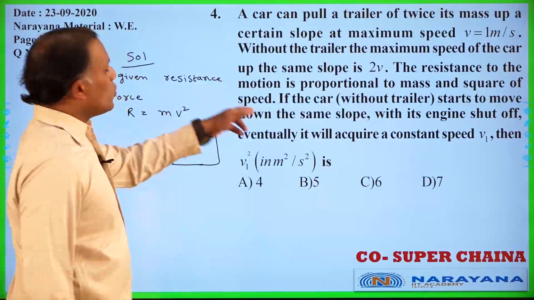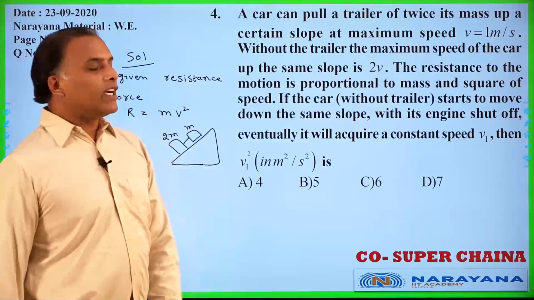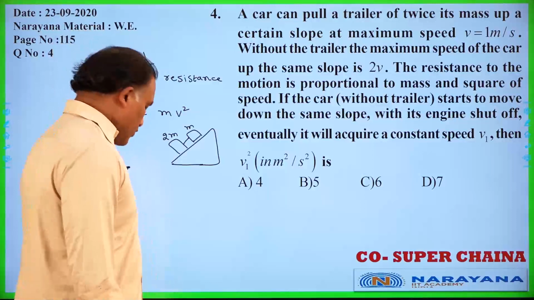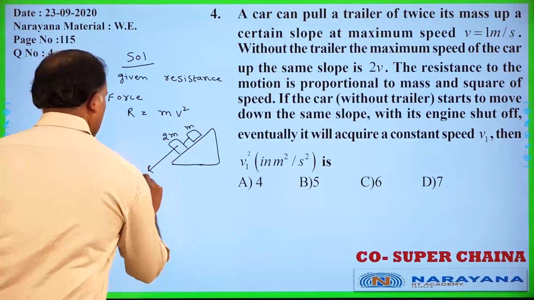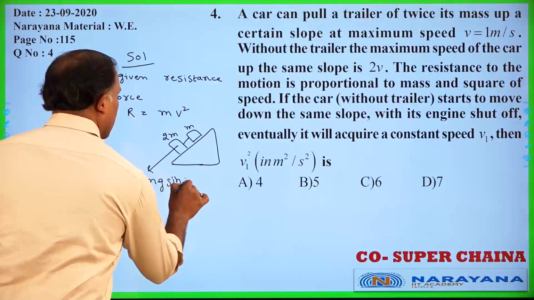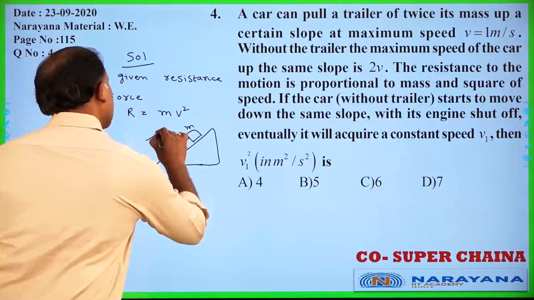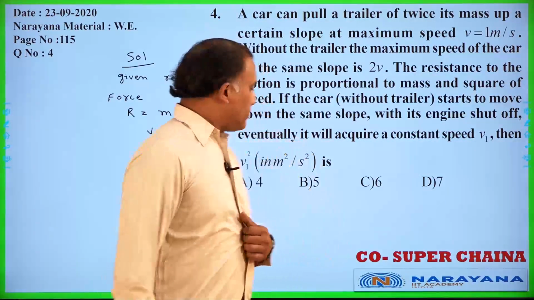To pull these two upward at maximum speed, with what speed can it pull? With speed v. Then what is the downward force? As it is moving upward, the downward force is 3mg sine theta. And this is moving this side with this velocity v, that is the velocity given in that question.